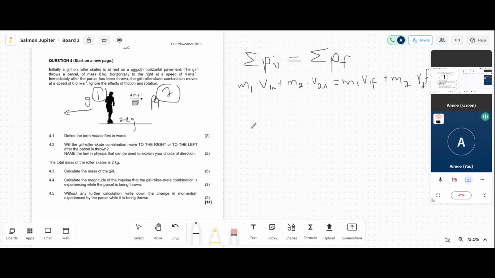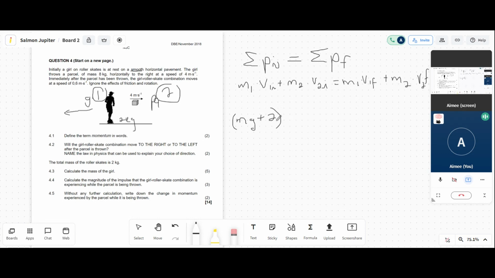I don't have the mass of the girl, but the mass that I calculate will include the mass of the girl and the roller skates. And they told us that the roller skates are 2 kilograms. So for the mass of the girl, I'm going to substitute in m of the girl plus 2, because that gives me m1, the total mass of the girl plus the roller skates.